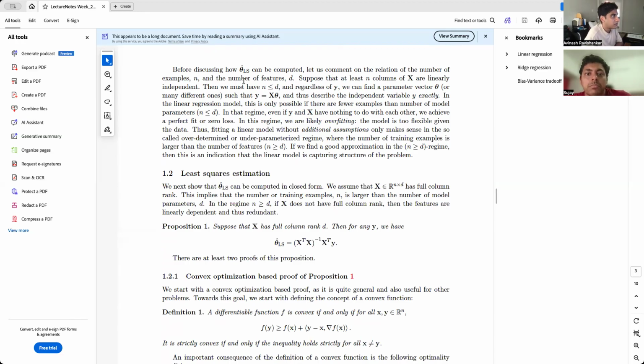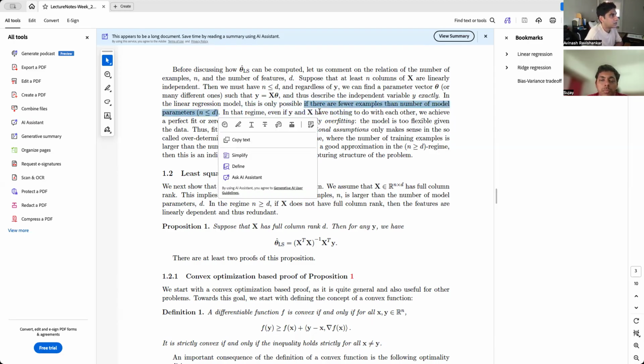Suppose the columns are linearly independent, we must have a parameter vector such that it describes the independent variable. In the linear regression model, this is only possible if there are fewer examples than the number of model parameters.